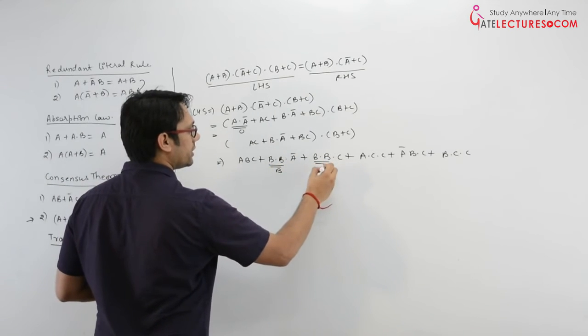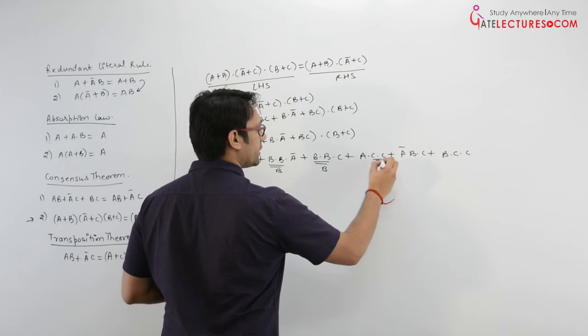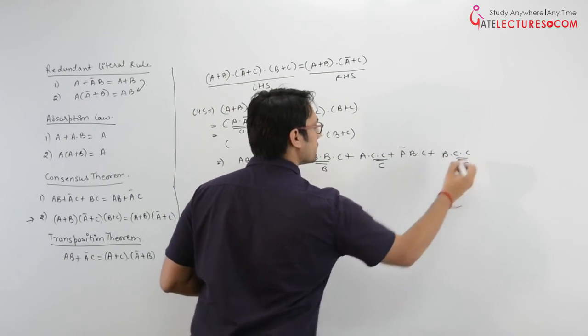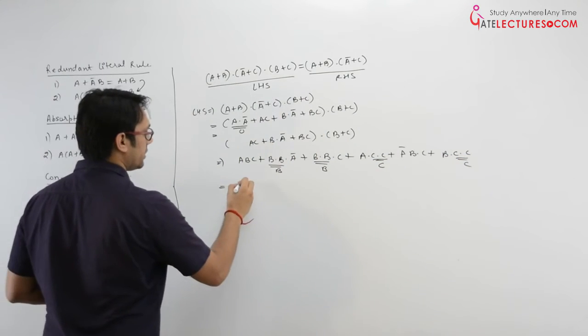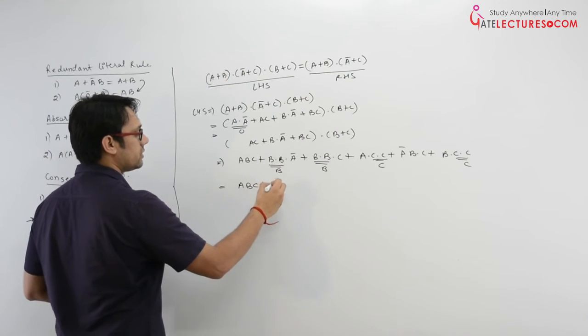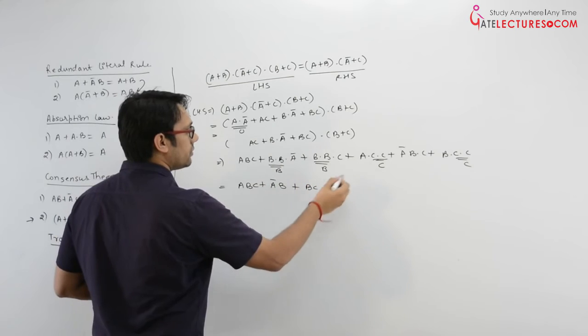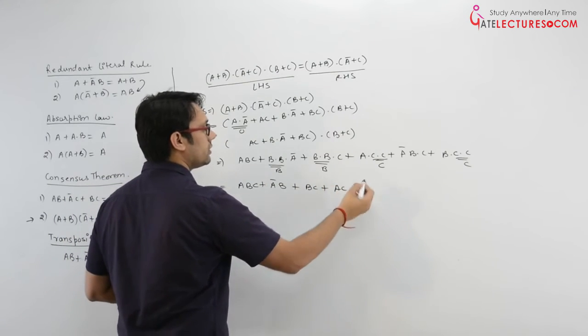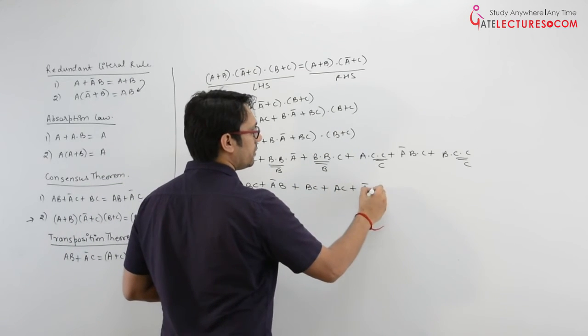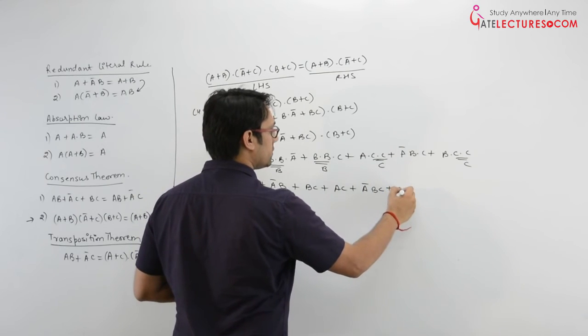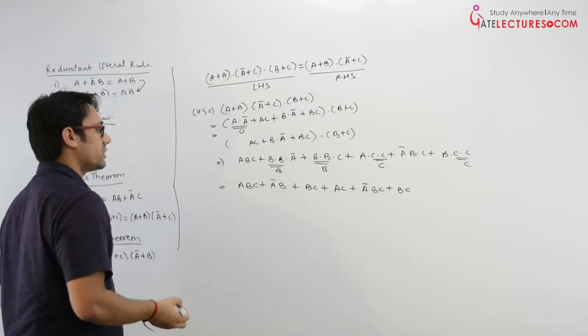Here again it is repeating itself. So it can be written as ABC + A'B + BC + AC + A'BC + BC. It is very simple to understand.